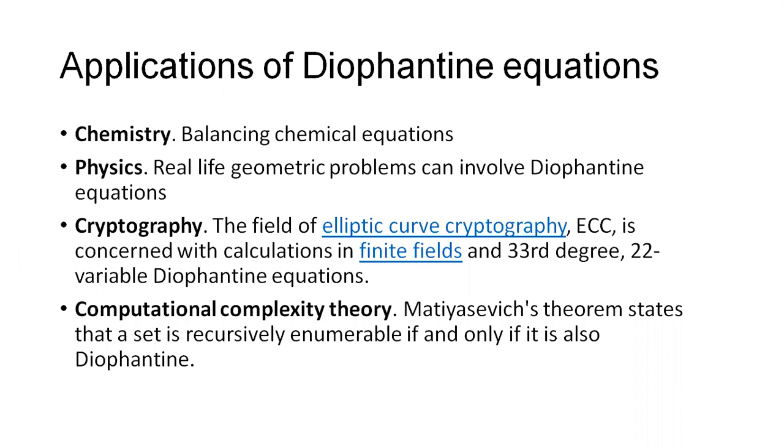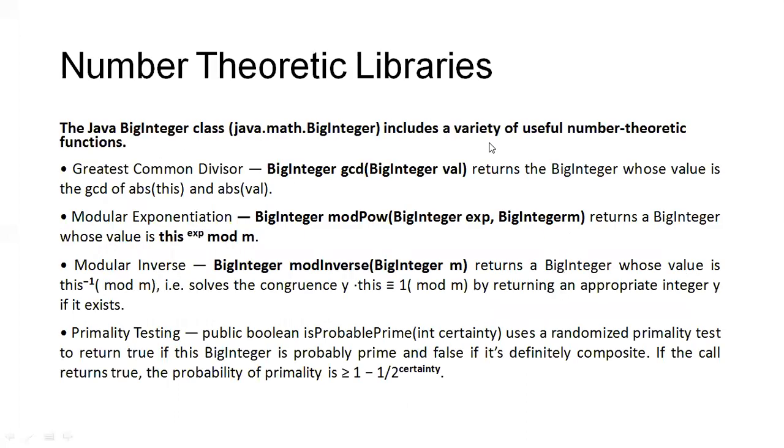Again, in computational complexity theory, this equation is used. So there are a few applications I found. It has importance in computational complexity theory and in cryptography related to the computer. That's why it is important in the cryptography field as well as in complexity theory.